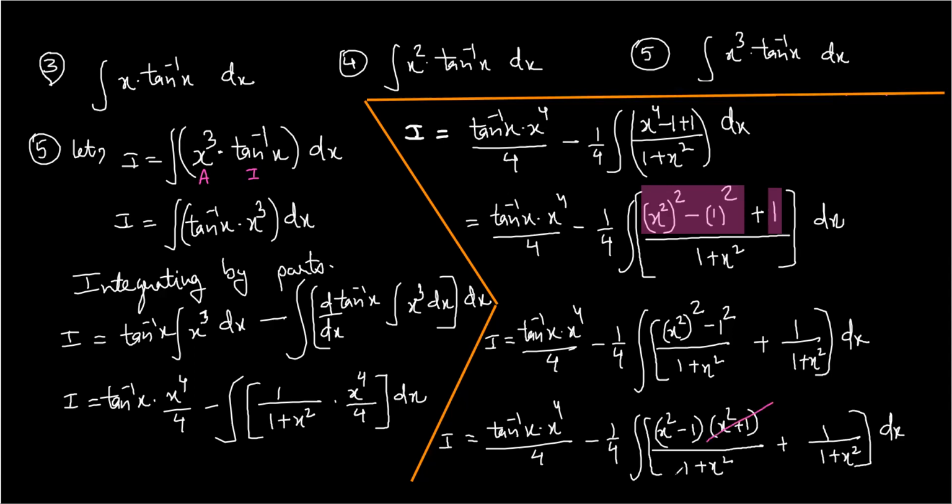See, x square plus 1 cancels. X square minus 1, x square plus 1, and then x square plus 1 cancels.